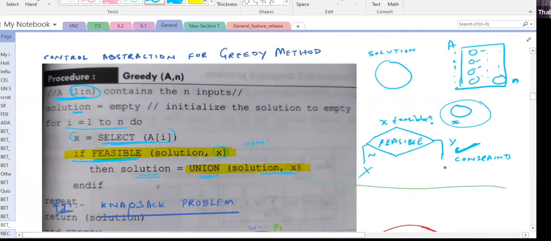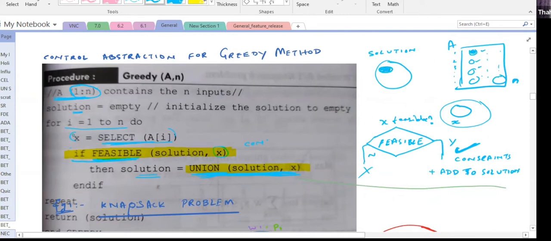So if it is feasible, I will add to the solution. Union of solution and x, or you can say you add x to the solution also. You can understand it that way. That means initially my solution is empty. I add whatever I had chosen. This first item, it's satisfied.